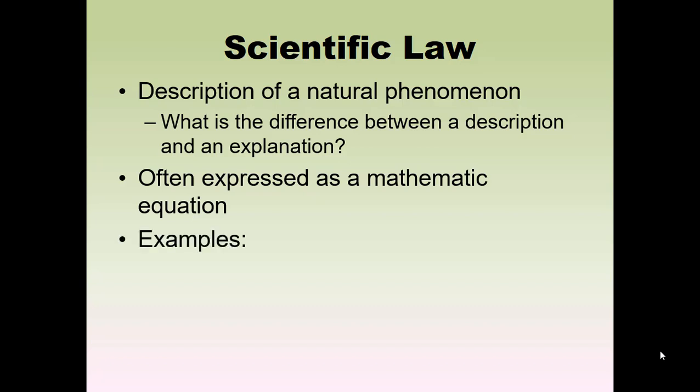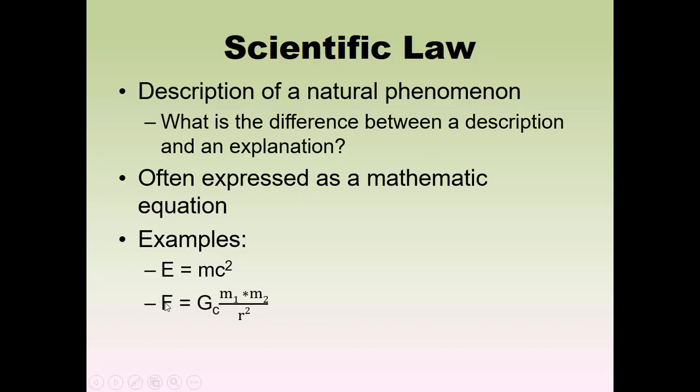So, for example, we might take a look at E equals mc squared. Okay? This is describing the interaction between energy and matter and how they can be converted between one another. So that would be an example of a scientific law. Or we might take a look at the law of gravity.